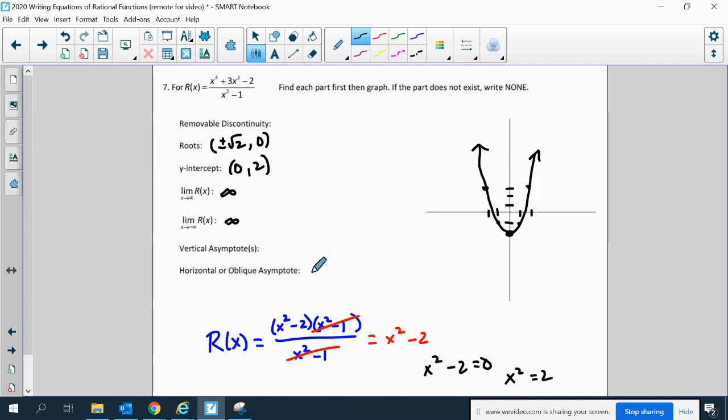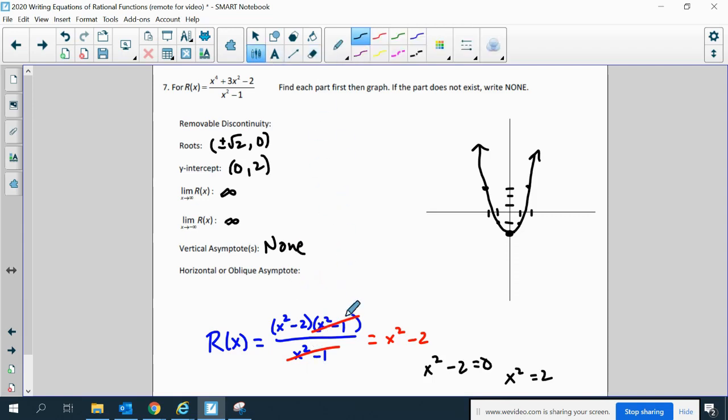The horizontal or oblique asymptote, I don't really know if this is the best way to put it, but I would say it looks like x squared minus 2, and it actually is x squared minus 2 at all points, except, so I don't know if this is the best way to put it. You may want to put none, because it actually does mirror this at every point, except for the points that are holes.